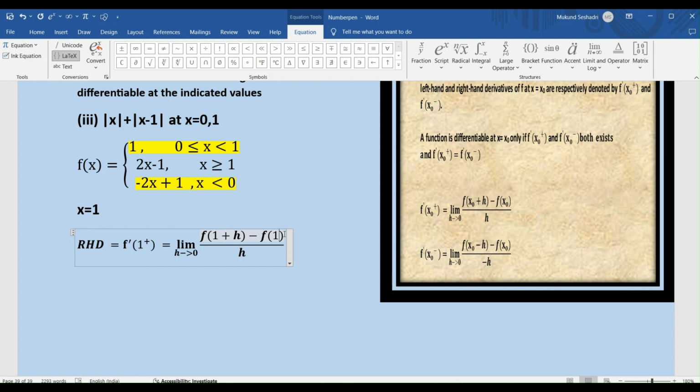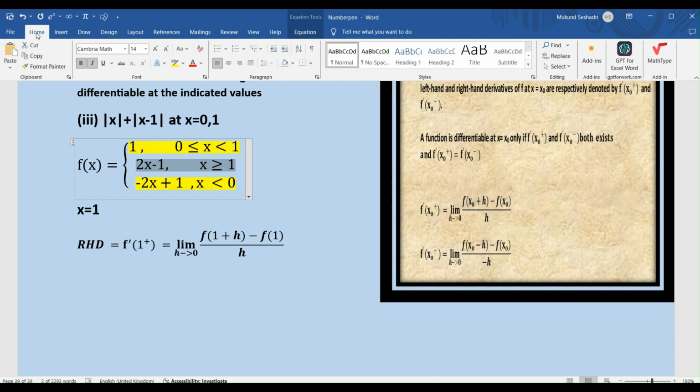So it means my f of 1 plus h means x takes a value which is greater than 1 by an infinitesimal h, right? So which is that equation I will have to apply? I will have to apply the equation when x is greater than or equal to 1, which is nothing but this, right? So wherever I have x, I will have to replace it by a 1 plus h.